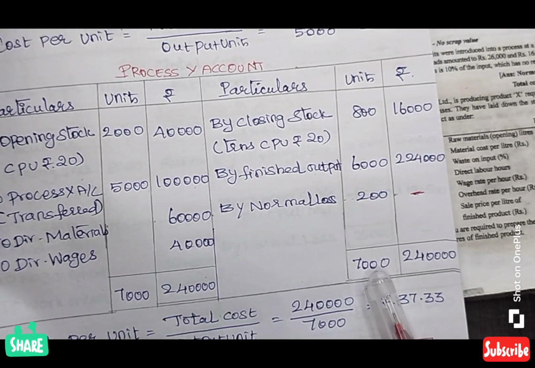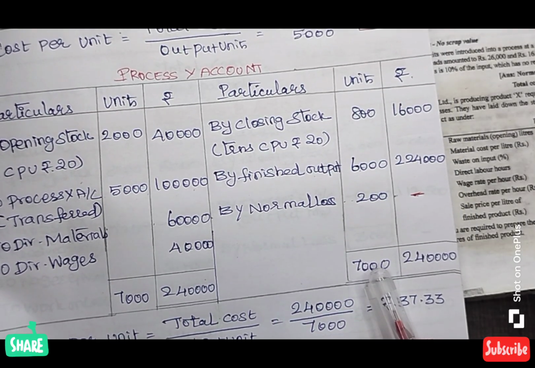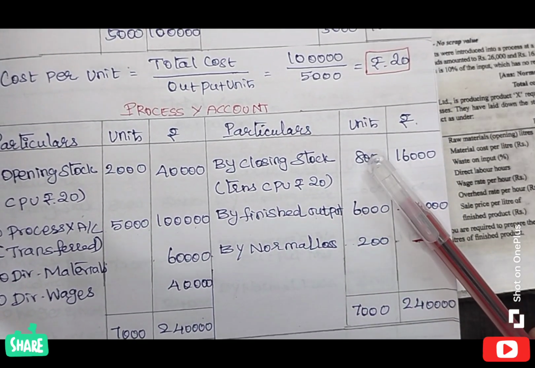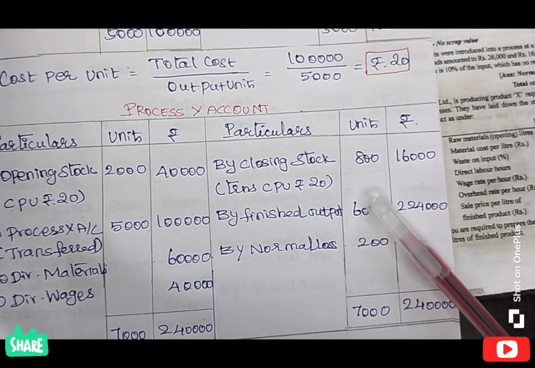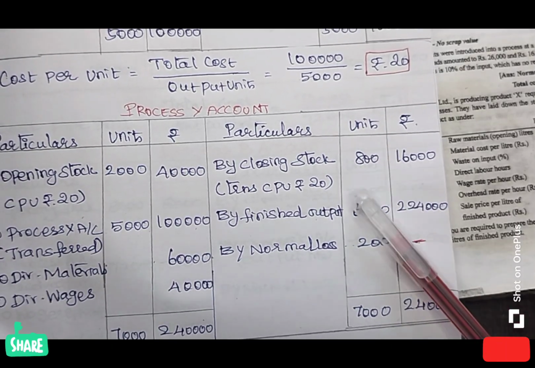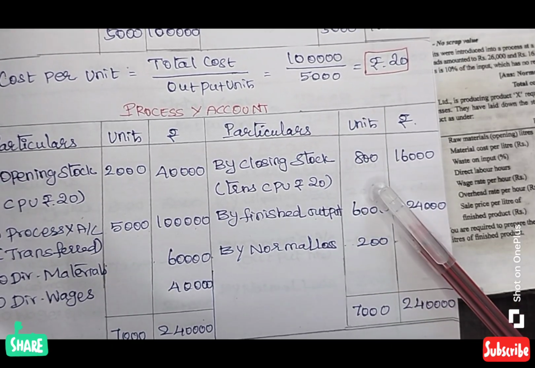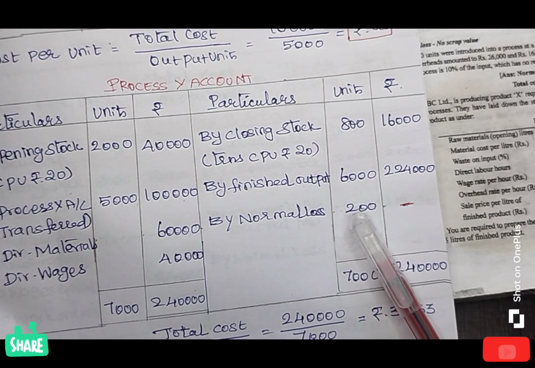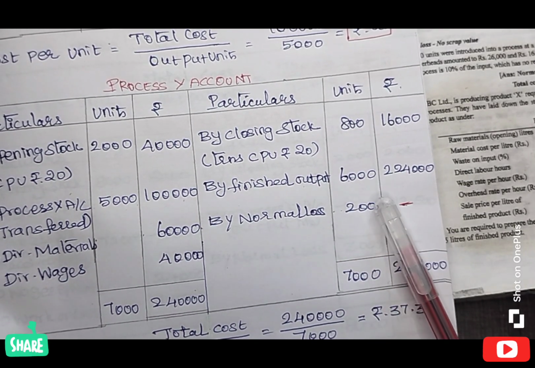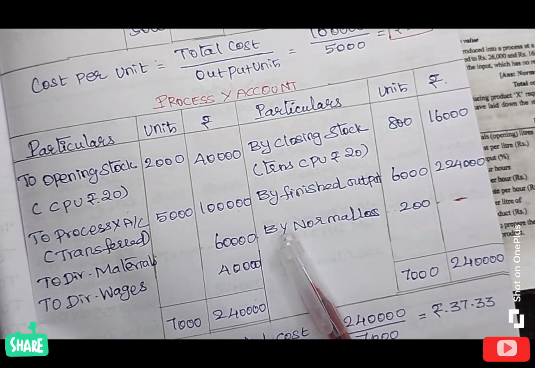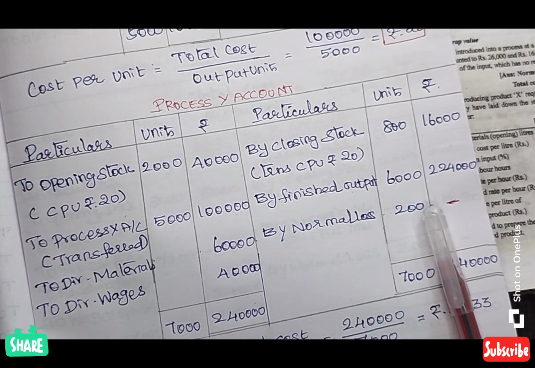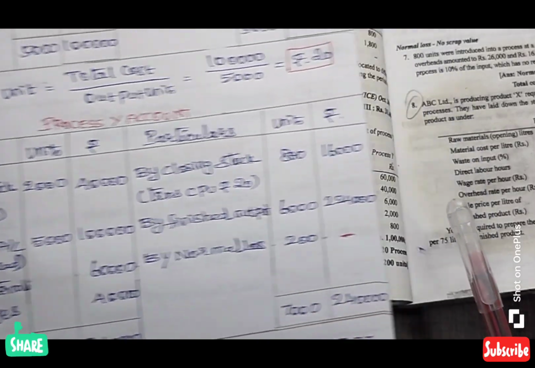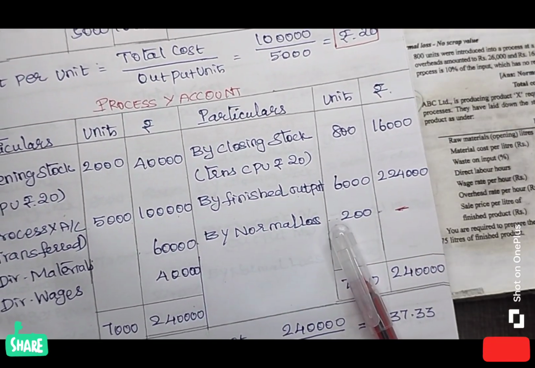That is 7,000 units, right? Now we add the closing stock units and output units: 6,000 plus 800, 6,800, subtracted from 7,000 units. You will get 200. The 200 units are called what? Normal loss, right? So we found the normal loss here. This is the new method.